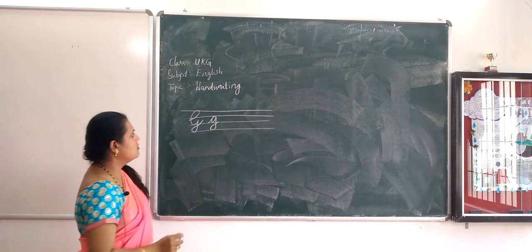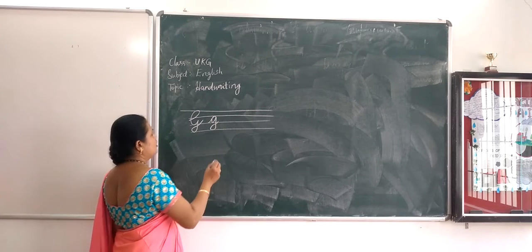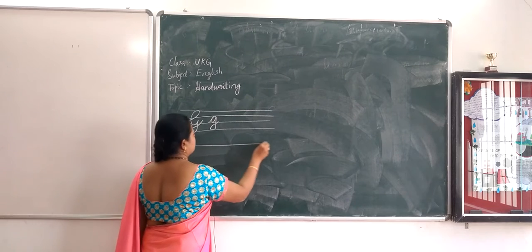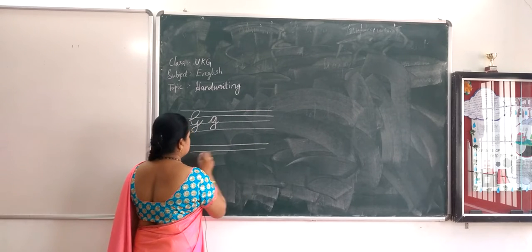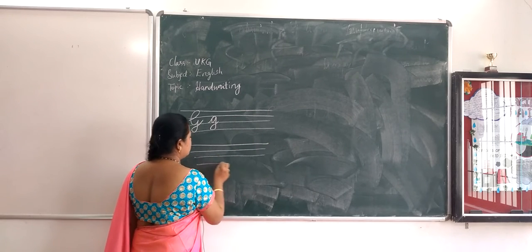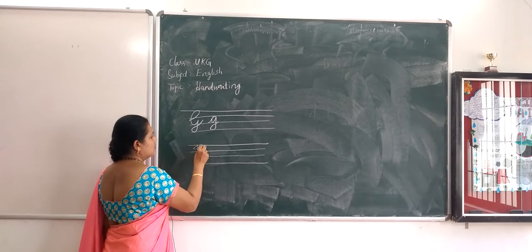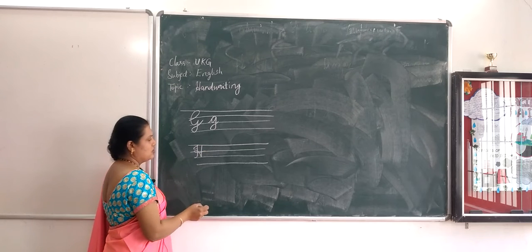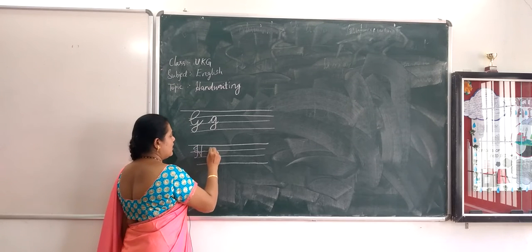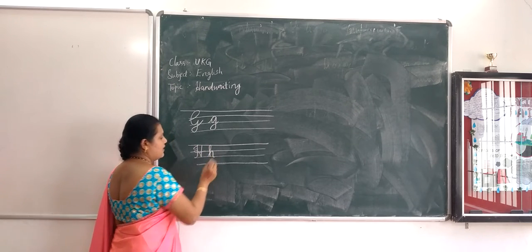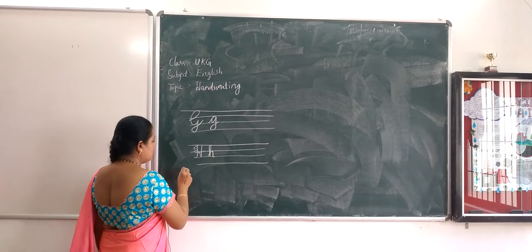Yes. Okay. This is small g. Write the next one. H. How do you write H? See, H. Small h. This way. Can you be able to practice them?